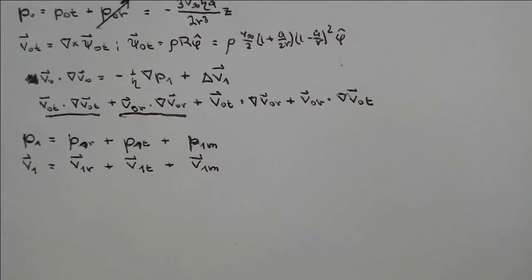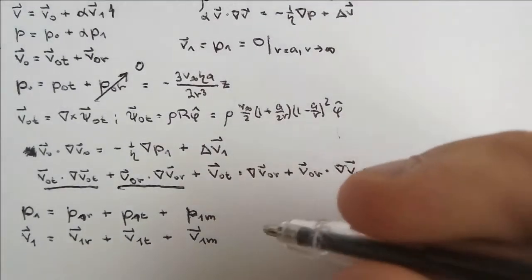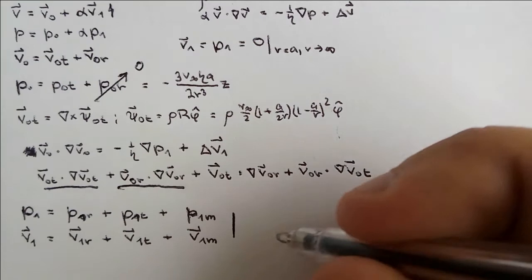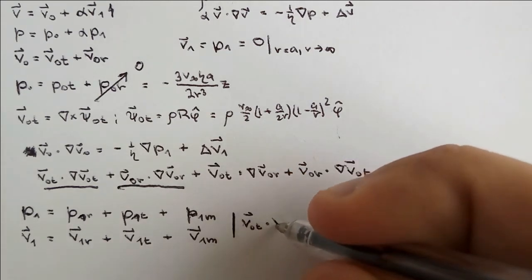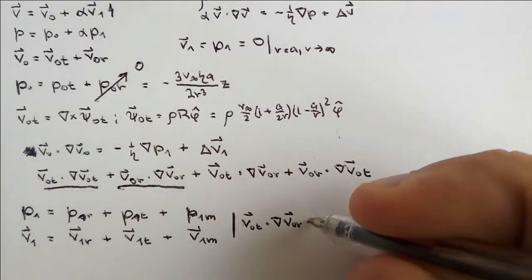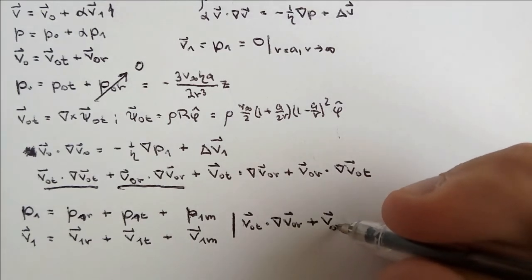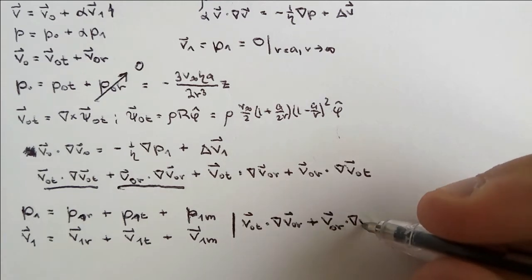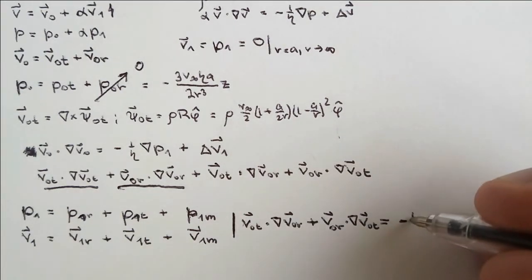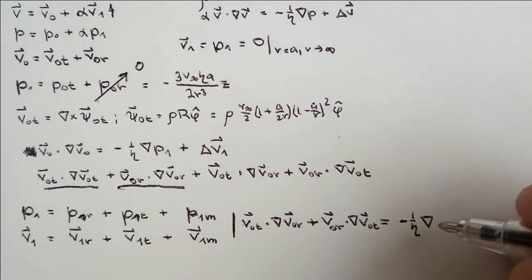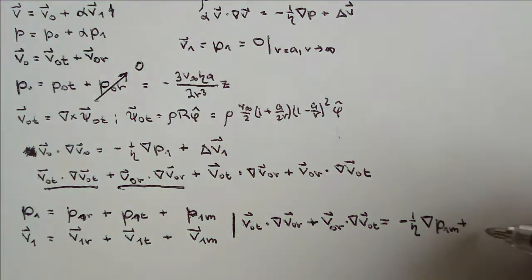So overall, the equation we will be solving is this: V0t dot product gradient of V0r plus V0r dot product gradient of V0t is equal to minus 1 over eta gradient of P1m plus Laplacian of V1m.